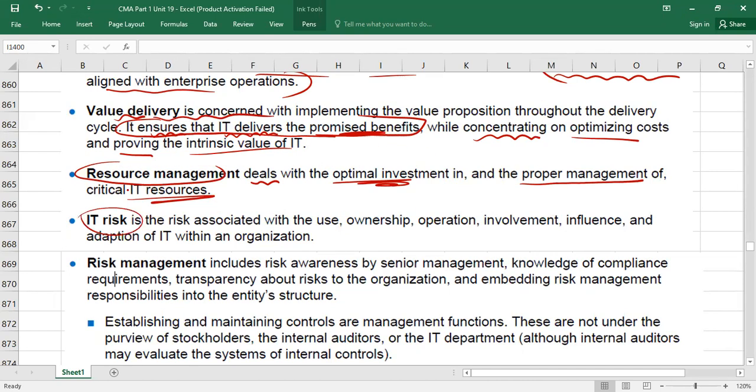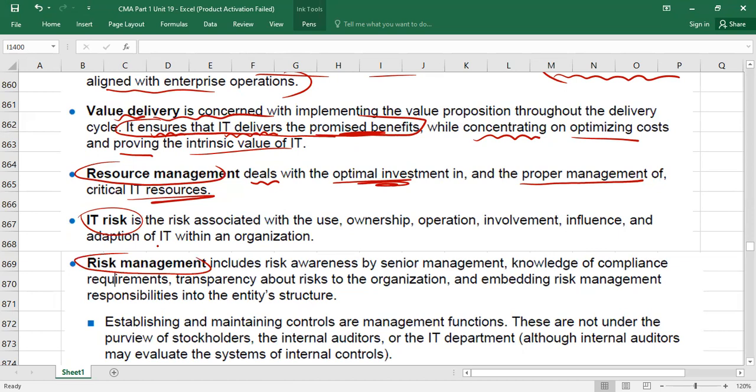Then another area which requires your focus is called IT risk, because obviously we face many risks, like the risk of virus, the risk of hacking, etc. All those risks must be identified. And once risks are identified, another focus area which requires your attention as a board is risk management.